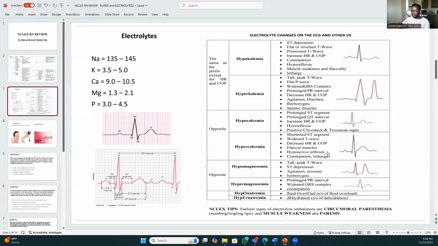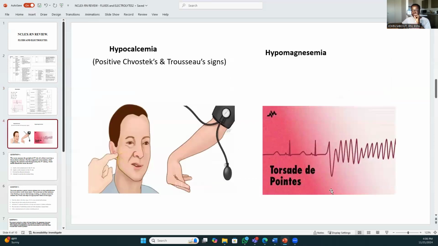Same with magnesium. Now, take home for magnesium. When we have hypomagnesemia, one important ECG change that we'll find is what they call torsades de pointes. It's a French word. This is very important.